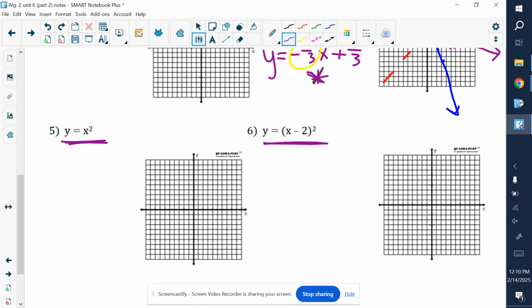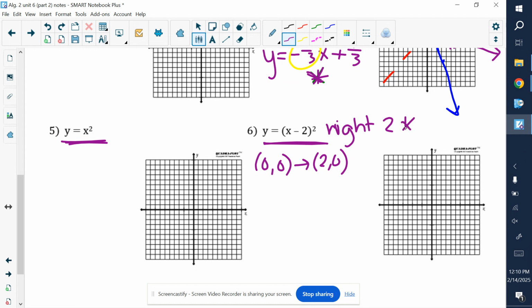This function is my parent function shifted 2 to the right. So I'm just going to write that down. We go right 2. So my starting point was 0, 0, and if I go right 2, my starting point is now 2, 0.